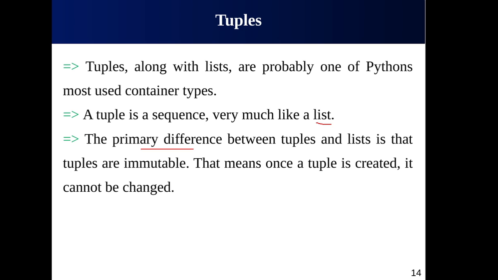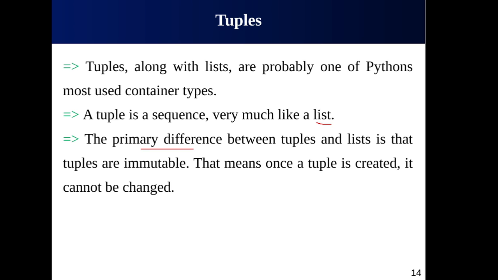The answer to this question is that tuple has good performance over list because the processing of a tuple is faster than the processing of a list. So they are actually a good choice when you are processing lots of data and the data will not be modified. In that scenario, you can use tuples instead of the list.